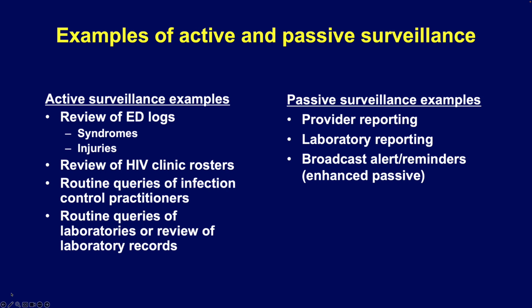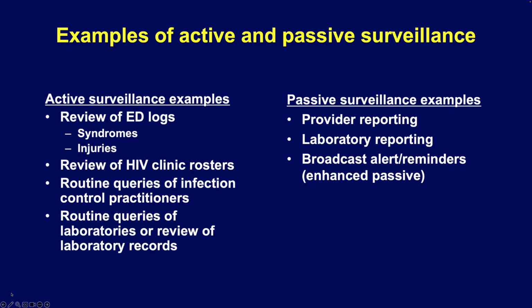On the passive surveillance side, we have passive reporting, which is just waiting for providers and labs to report cases under surveillance. Sometimes the health department proactively reminds providers and laboratories of their reporting requirements as a way to increase reporting. This is typically done, for example, when a health department is concerned that there might be an outbreak and they want to help increase the reporting of cases.